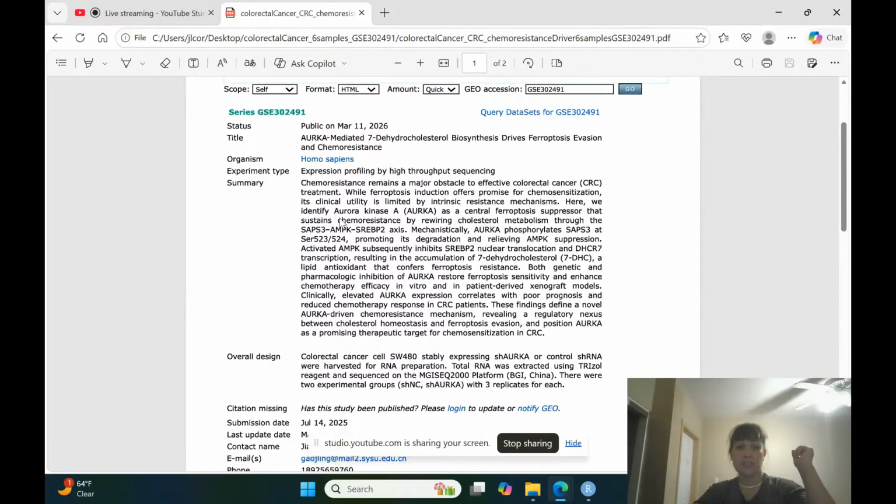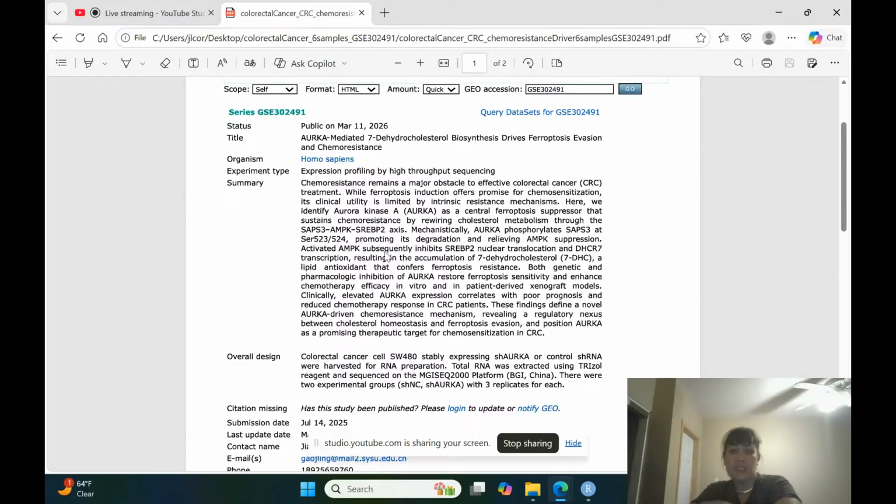Here we identify Aurora kinase A as an essential ferroptosis suppressor that sustains chemo resistance by rewiring cholesterol metabolism through the axis. Mechanistically, AURKA phosphorylates that axis at Ser523/524, promoting its degradation and relieving AMPK suppression.